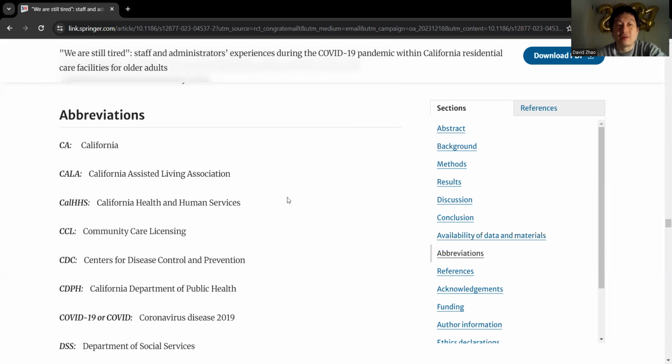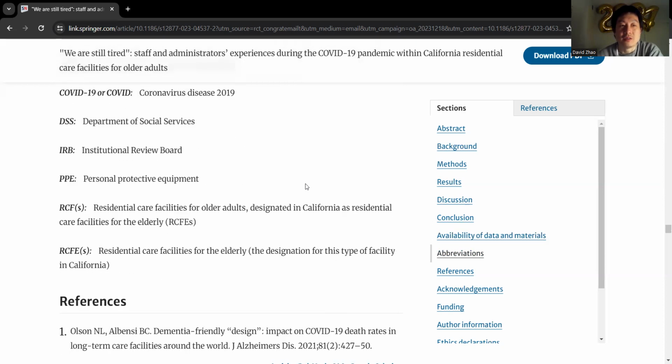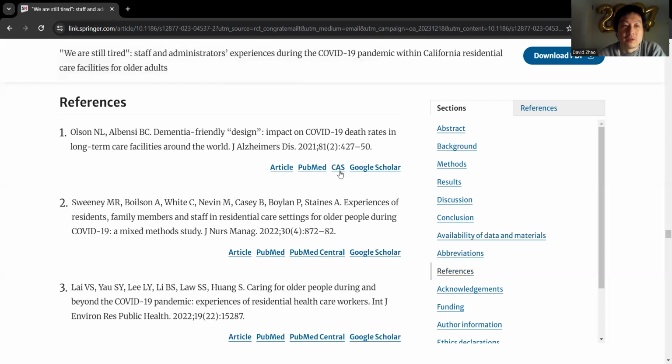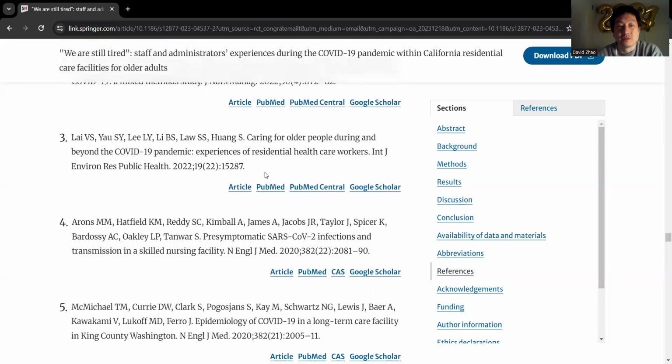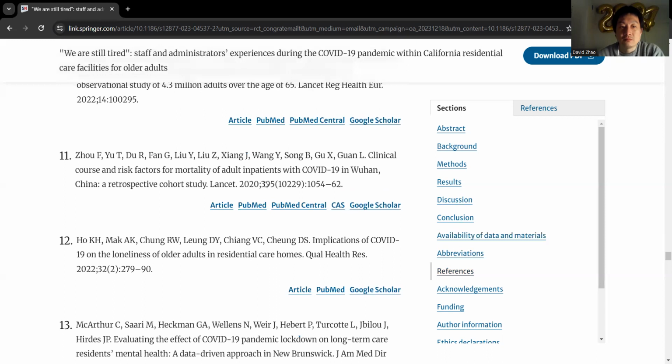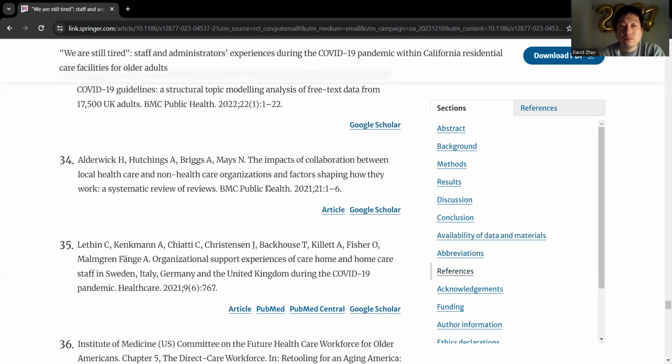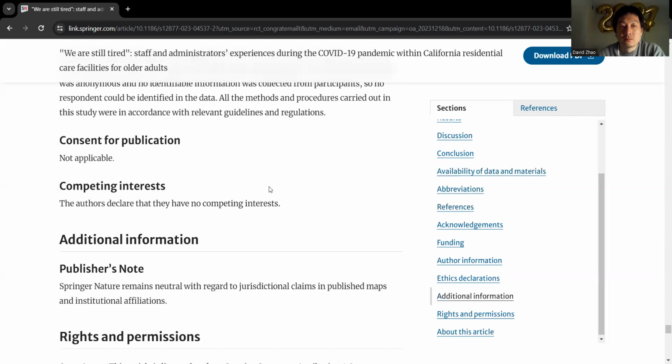However, if you forget, you can always refer to this section and see, oh, DSS means Department of Social Services, etc. And then here are the references.